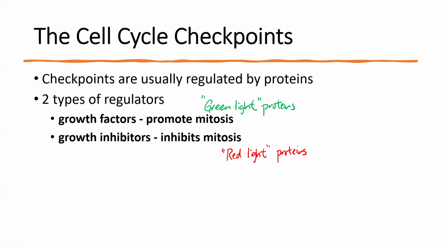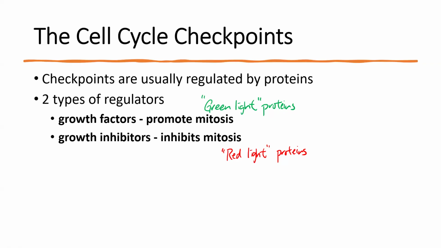Which one's likely to cause cancer? A green light that's always on, or a green light that doesn't turn on? Let's think about it. Yeah, a green light that's always on, right? If the green light is always on, then the cell will go through the cell cycle rapidly, dividing and dividing and dividing. Not turning on the green light will cause other problems, but probably not cancer.